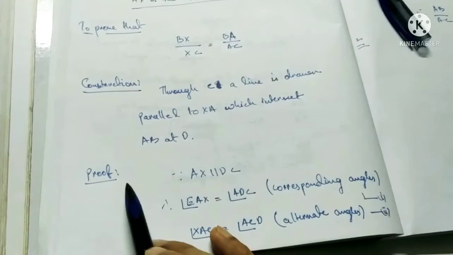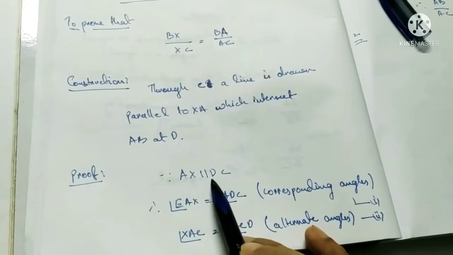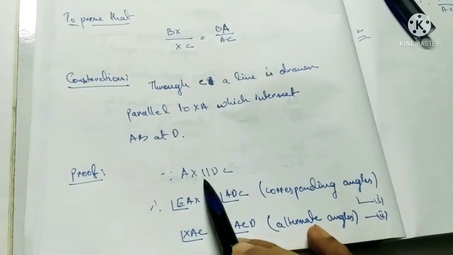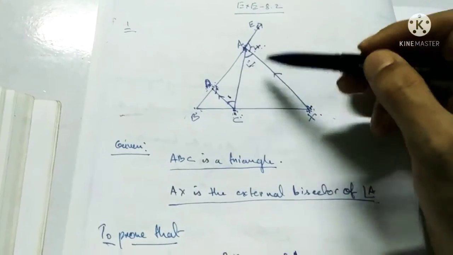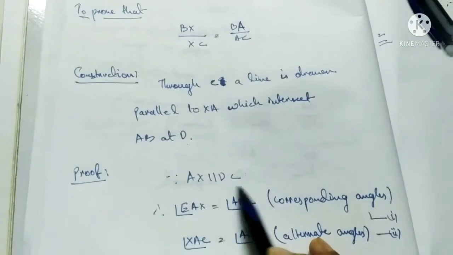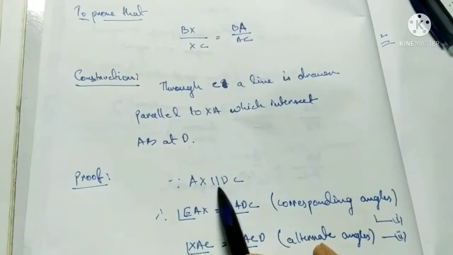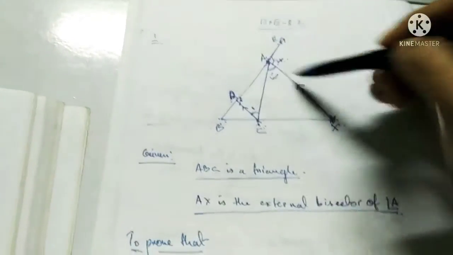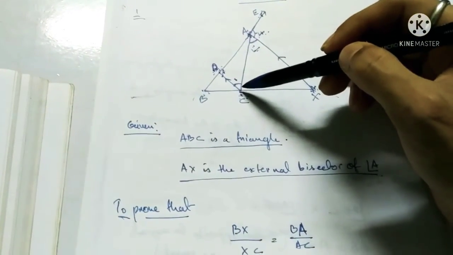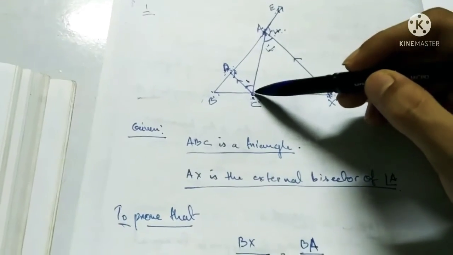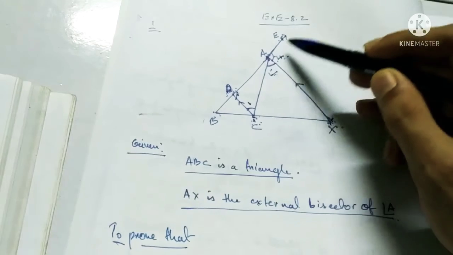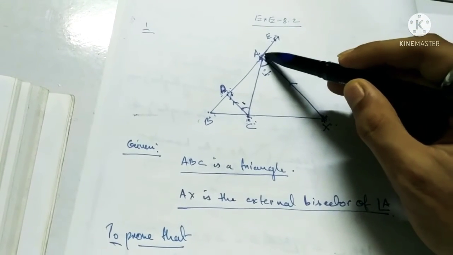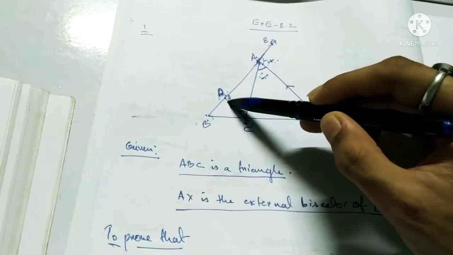Next, proof. Since AX is parallel to DC, and BE can be considered as the transversal, this angle will be equal to this angle.